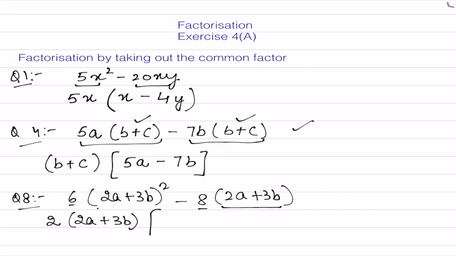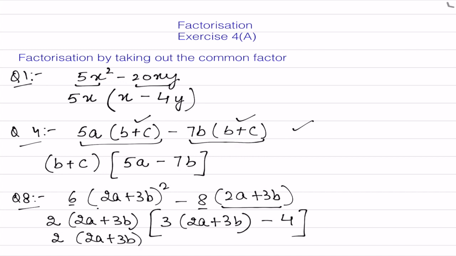In the bracket, what is left? Out of 6, 2 is out, so 3 into 2a plus 3b, which we have to put in a bracket because 3 is going to multiply with the whole term, minus 4. When we open the bracket, it becomes 6a plus 9b minus 4. So in this way we can take out the common factors.